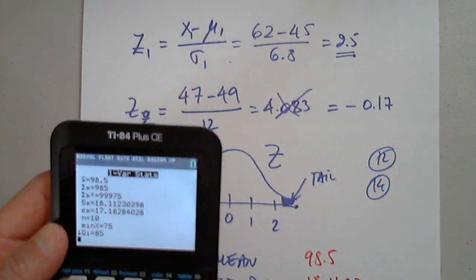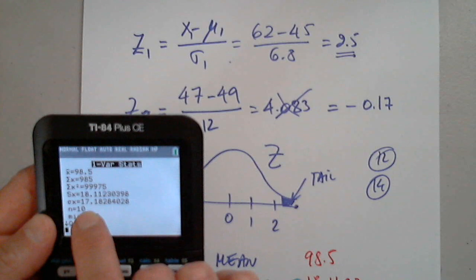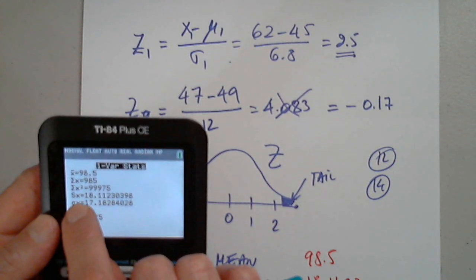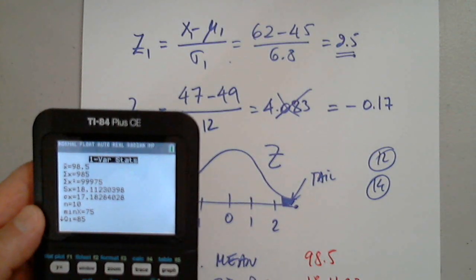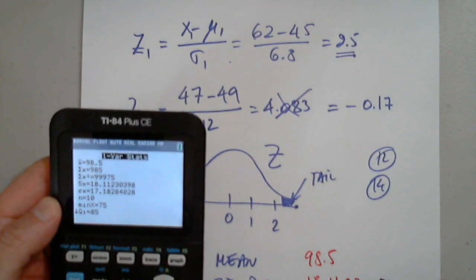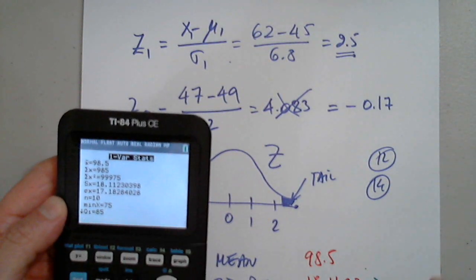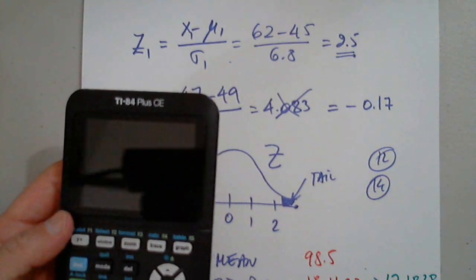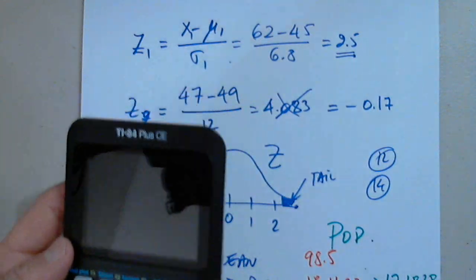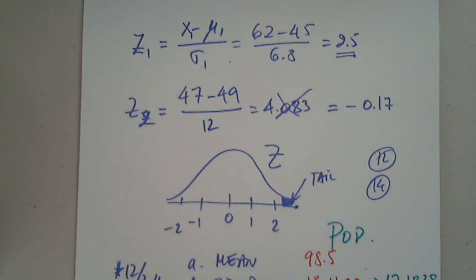If the data set is the entire population, I have to use sigma. I cannot use S. So be careful. So what I need to enter is 17.1828 because we are specifically told we are dealing with the population, not the sample.